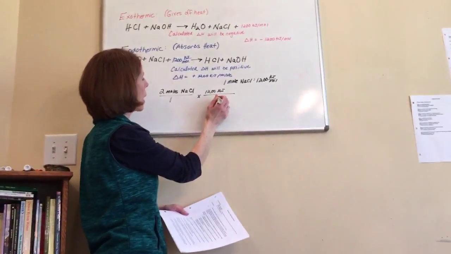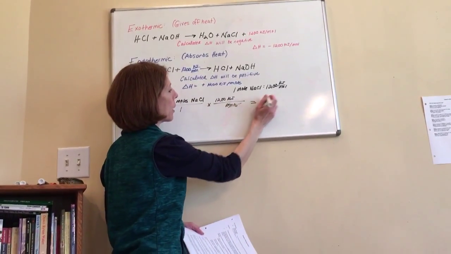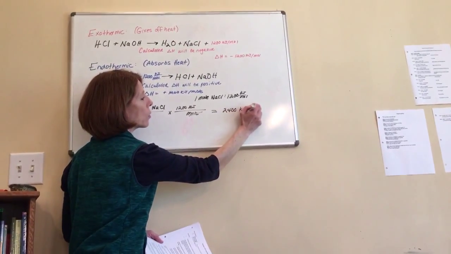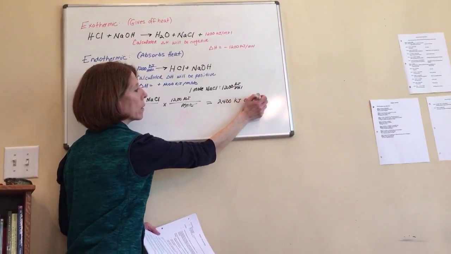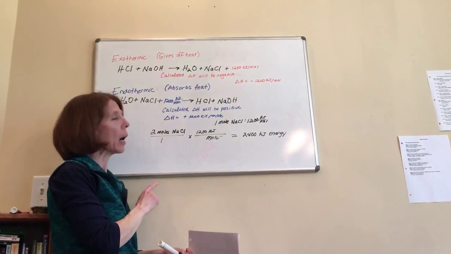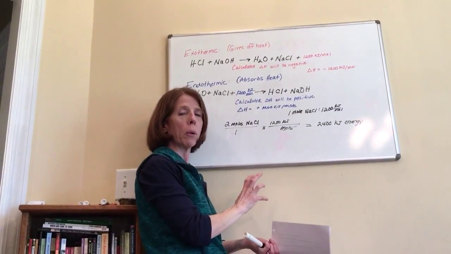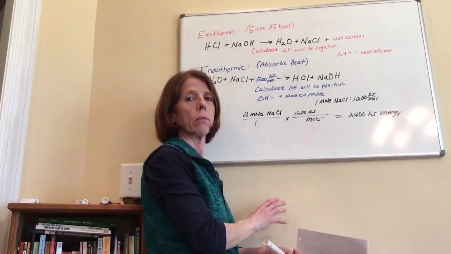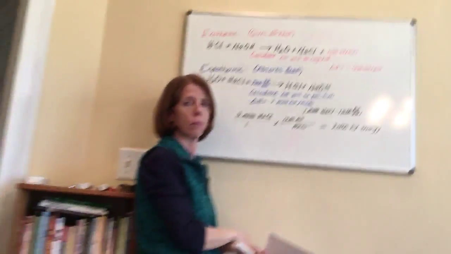Okay? My moles cancel out here. So I would end up with 2,400 kilojoules of energy. Okay, we'll look at that with the practice problems, but that's the idea behind using enthalpy, the change in energy, as a stoichiometric equivalent. Go ahead, pause.